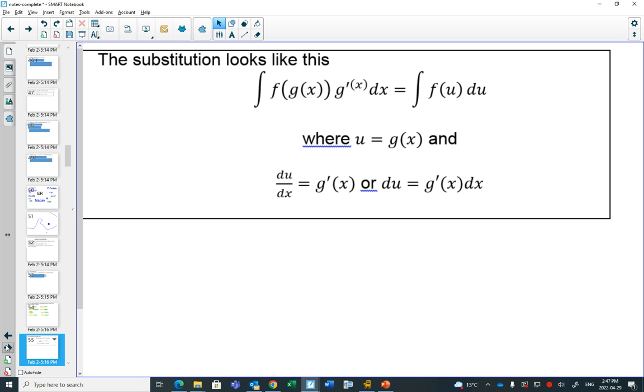So we change this function, that's f of g of x, g prime of x dx, to just f of u, du. Which sounds a little bit not appropriate, but it happens. Okay? So what ends up happening is we change it from a complicated looking derivative to a simplistic derivative.